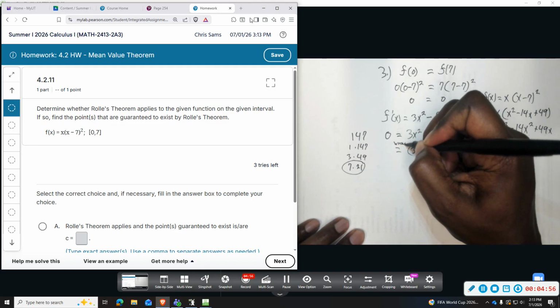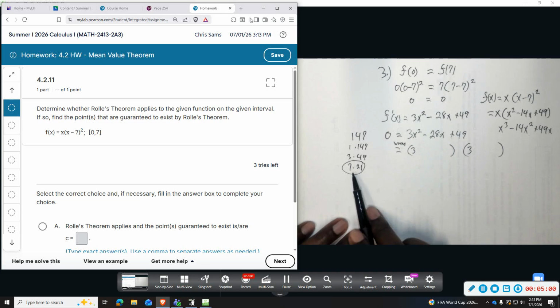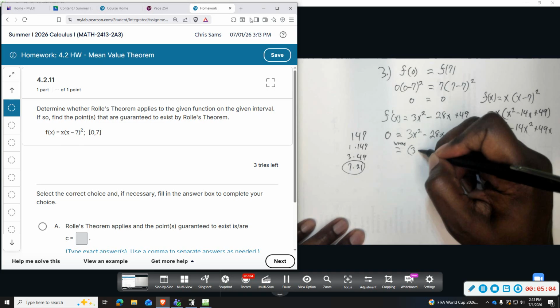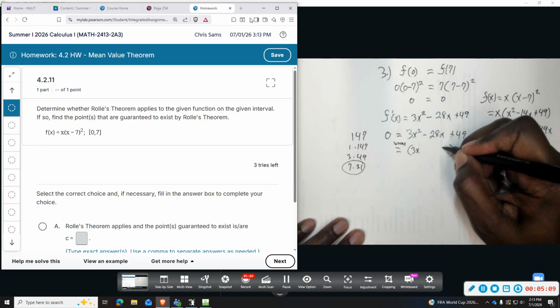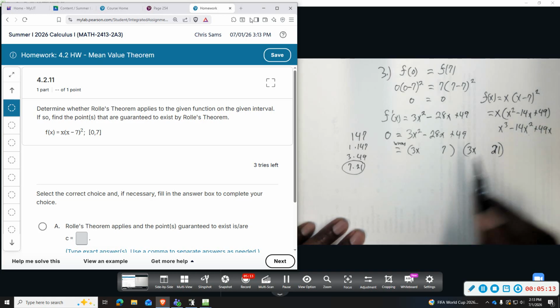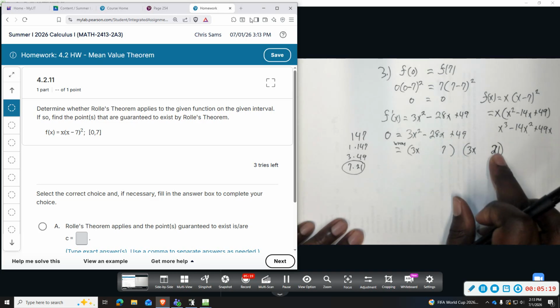You can factor by grouping and sort that out, but I like this way. We're going to put the x squared, separate it and give each one of these an x. The 7 and the 21, we're going to add them to the back. Two numbers we use. In order to get these to add up to be a negative 28, we need them both to be negative.